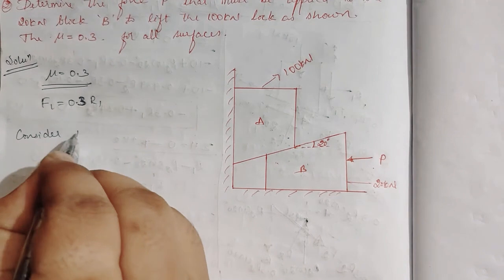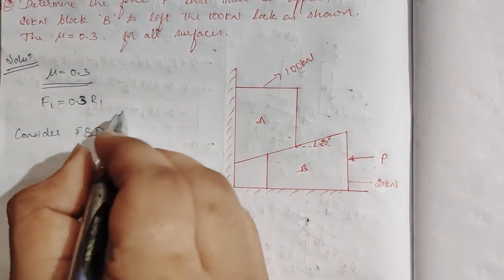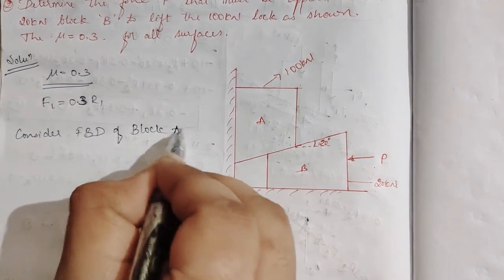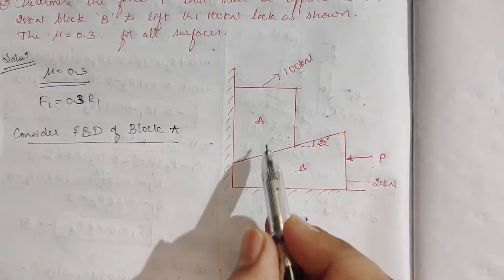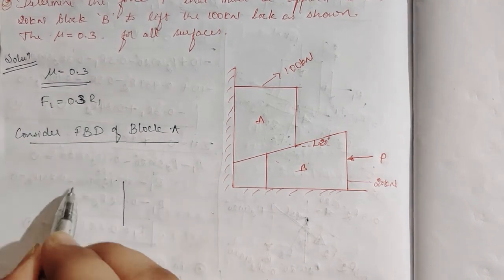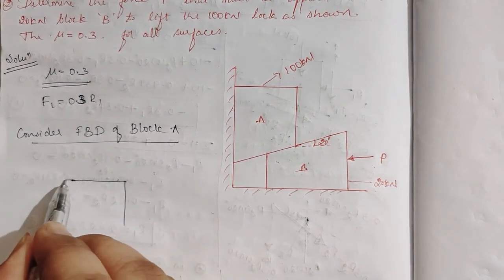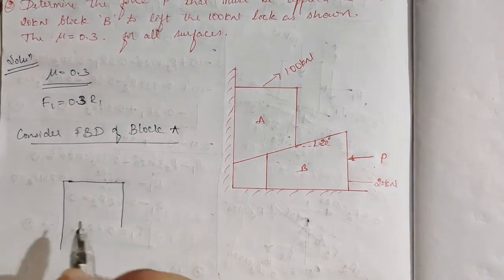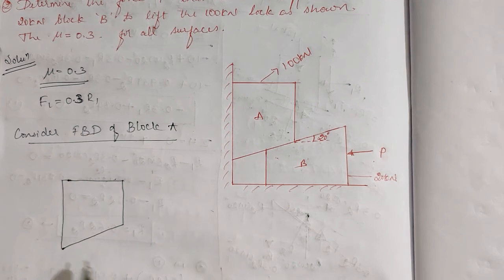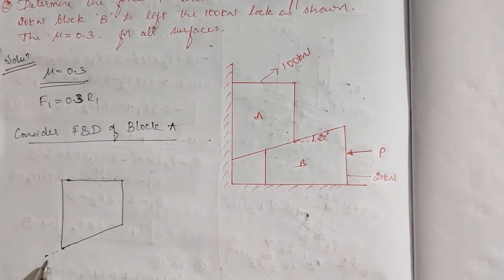the FBD, free body diagram, of block A. So this is the block A. You draw only block A. Let this be the imaginary horizontal surface.